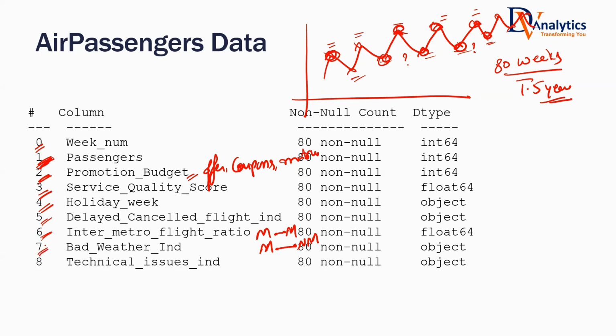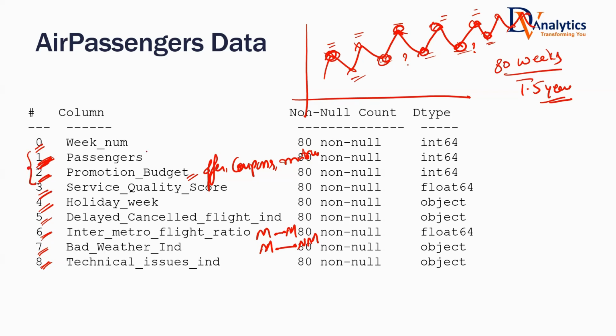Bad weather versus good weather: does it impact the passengers? Technical issues, like a ticketing issue or website not working, some technical issues from our side: does it really impact the passengers? Maybe all of them may impact, some of them may not. I want to know what is the driver that is impacting the passengers.